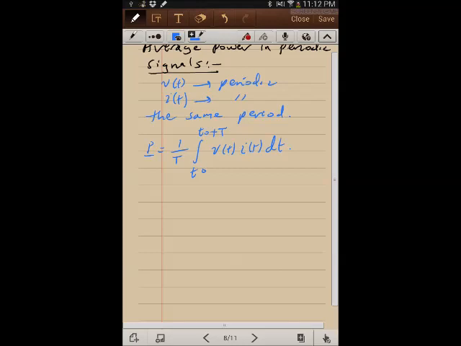So it could be any time instant. We just need to study the circuit element for a time interval of length T.